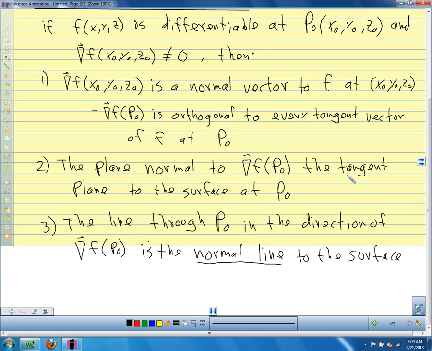So when we talk about surfaces, we're going to be interested in tangent planes and normal lines.